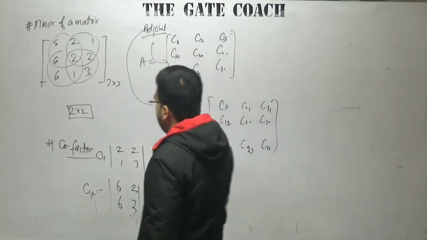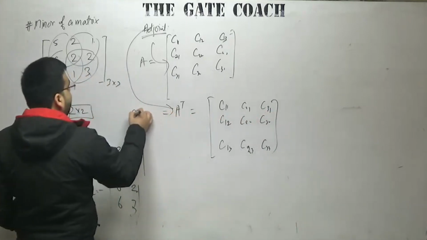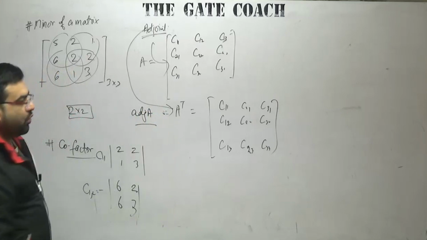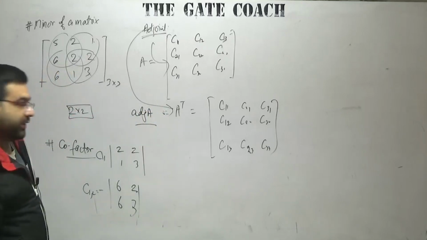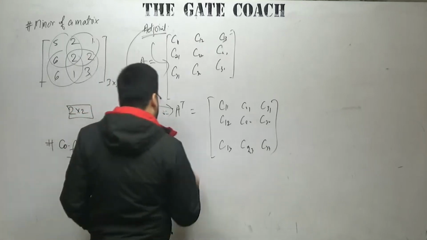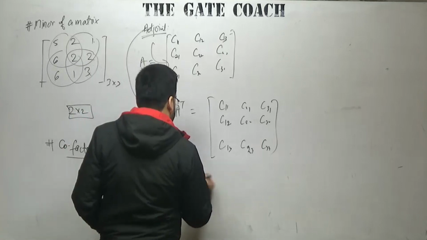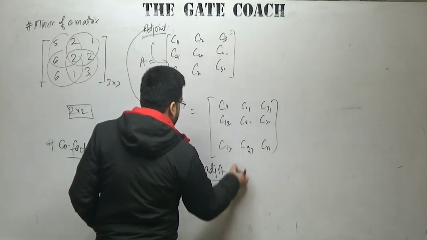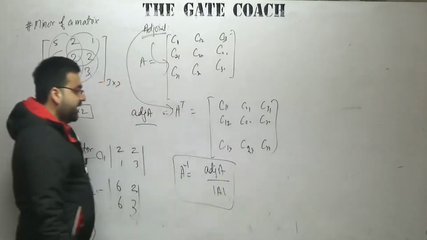This matrix is actually called the adjoint of A. Adjoint of A means the transpose of the cofactor matrix is called the adjoint matrix. Similarly, we can calculate the inverse also. A inverse will be equal to adjoint of A divided by the determinant of A.